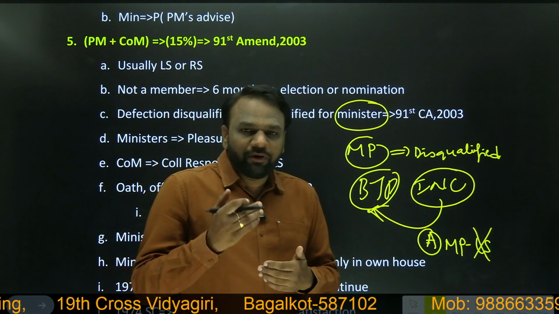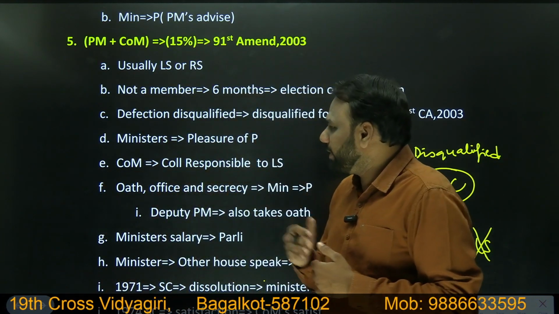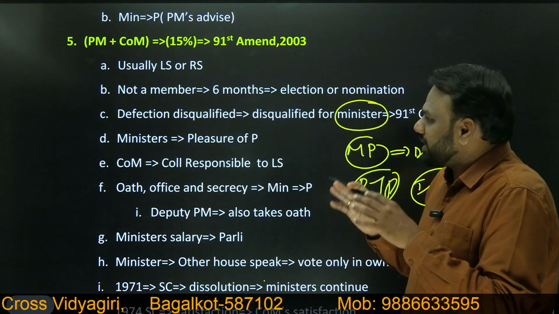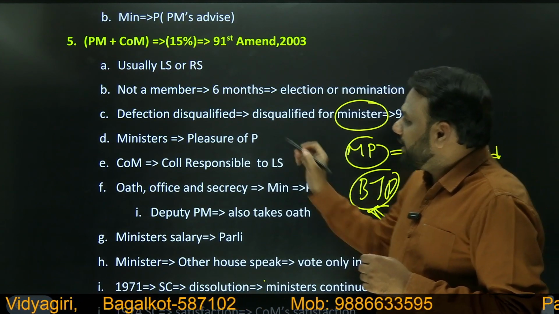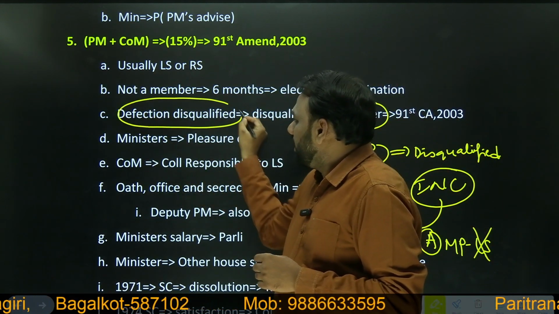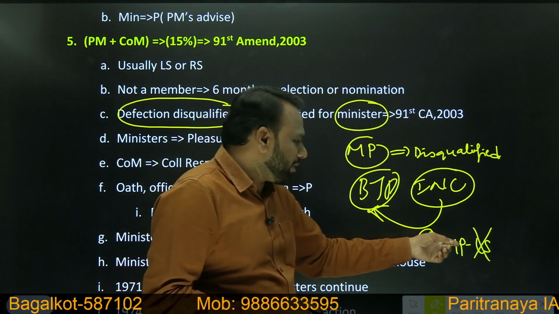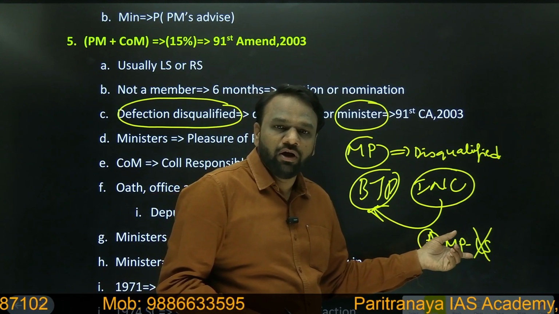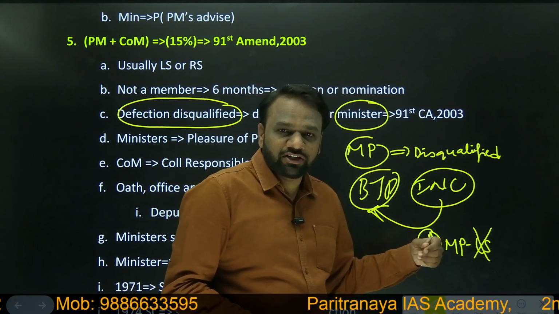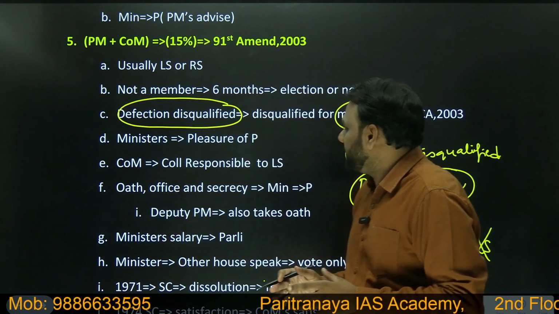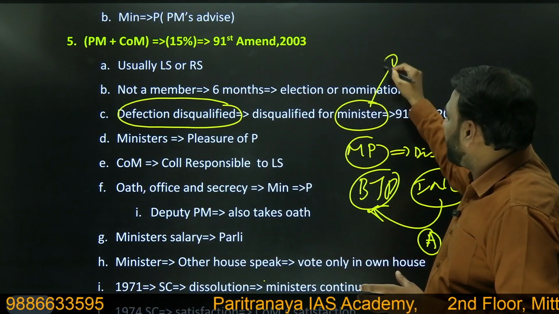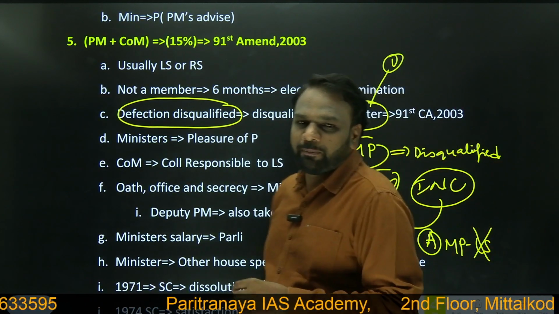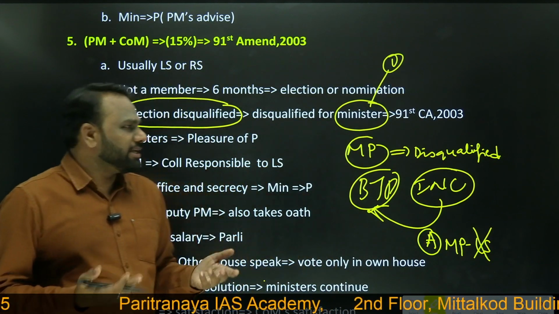So in order to prevent this, there are certain provisions. What is that provision? Defection disqualified. Those who have lost the membership of Lok Sabha because of defection are disqualified from becoming ministers.